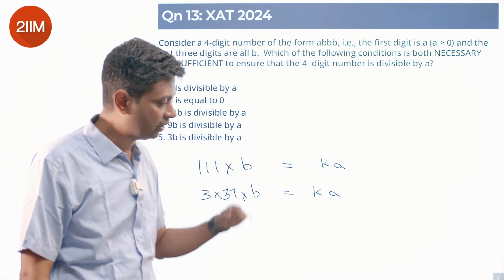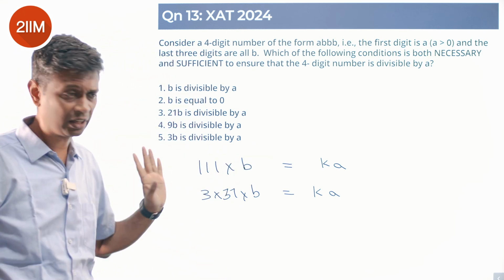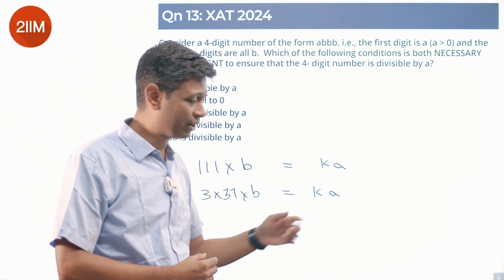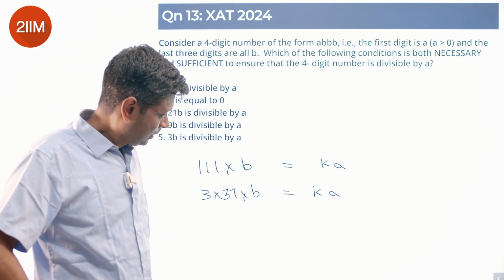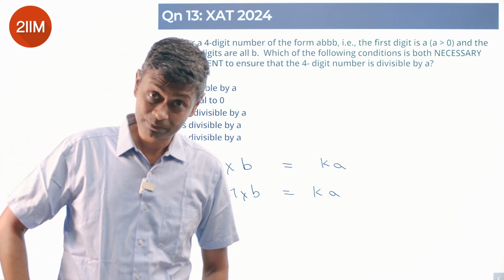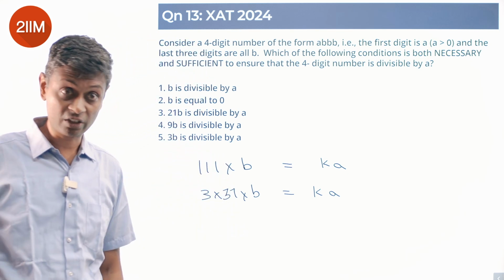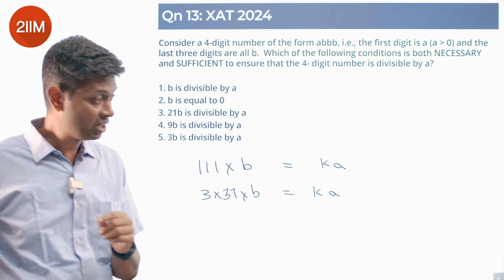If B were a multiple of A, this will be satisfied. B is divisible by A, this is satisfied. And so if B were 8 and A were 4, this will work. Nice. But is that a necessary condition? And is there a scenario where B is not a multiple of A and this is still satisfied? 3B could be a multiple of A. Very interesting question.